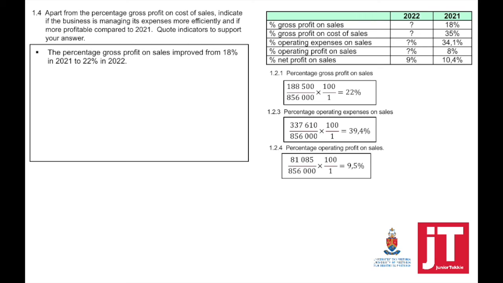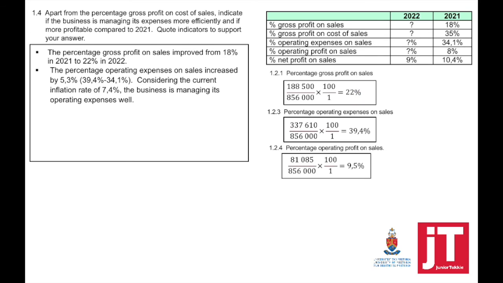Starting with the percentage gross profit on sales improved from 18% in 2021 to 22% in 2022. The percentage operating expenses on sales increased from 34.1% to 39.4%.